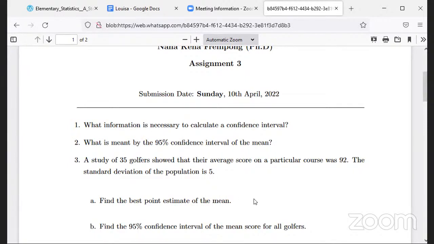Well, this is a very simple question. If you know the formula for calculating confidence interval, you can take the variables in the formula, and that's all you need to be able to calculate this.